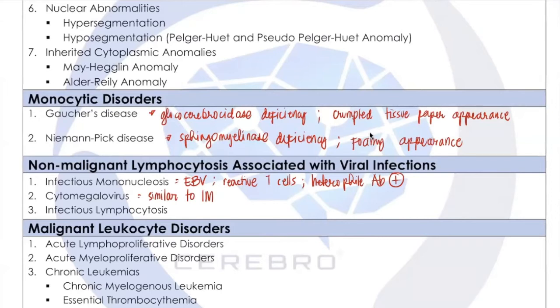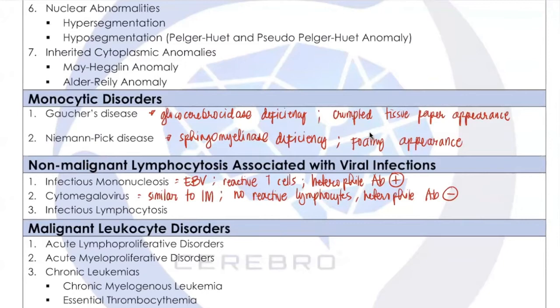In the case of cytomegalovirus infection, you also have infectious mononucleosis-like manifestations. However, this is the differentiating feature: there are no reactive lymphocytes, and the heterophil antibody test is negative. So that is in the case of cytomegalovirus infection.